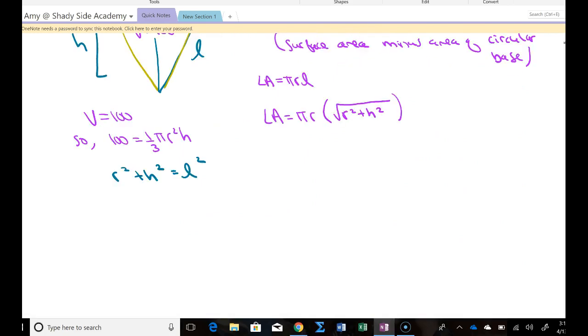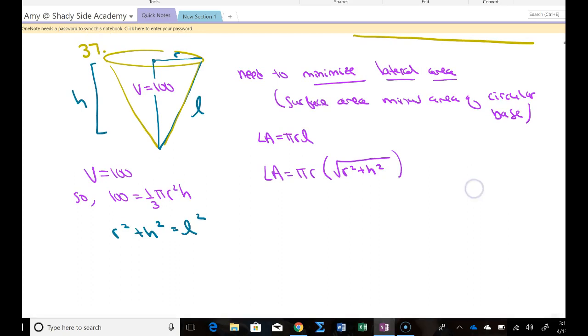The first thing I want to show you, and I bet there's a bunch of you who looked up how to find the surface area and the volume of a cone again. What you're minimizing here is the surface area of the cone, but not including the circular base. That's called the lateral area, in case you're curious.